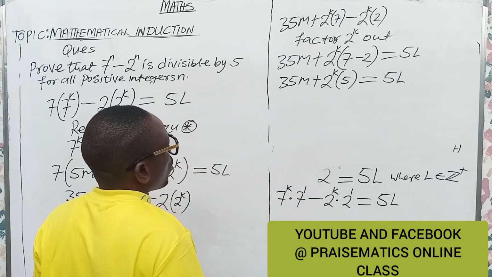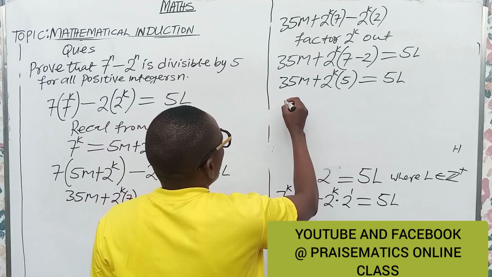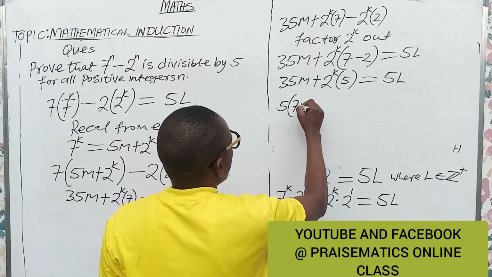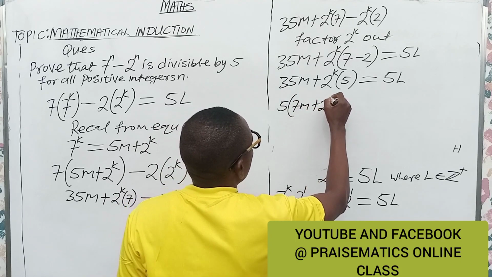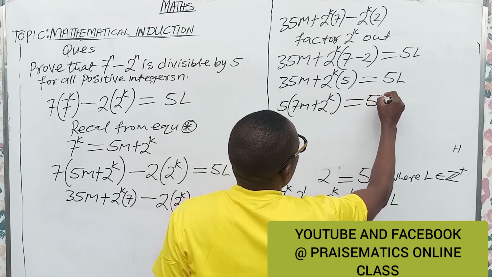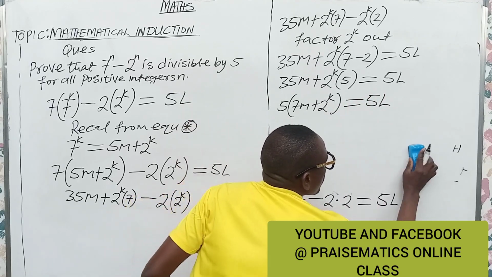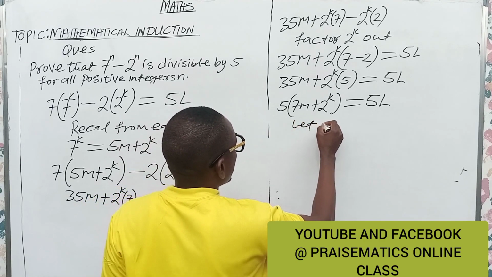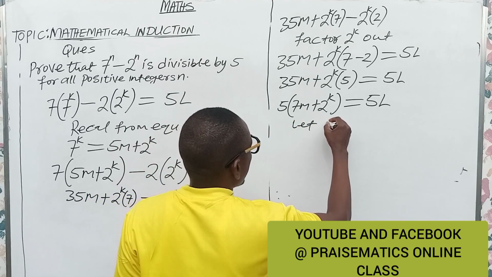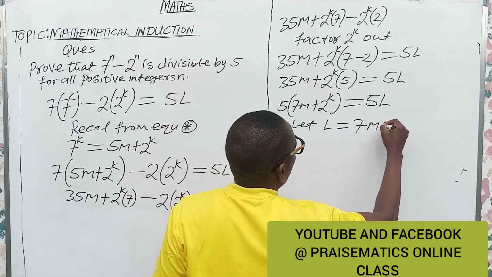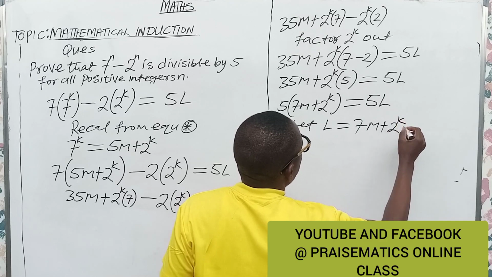Now let's go. Looking at this, there's something they have in common. If we factor this out, we have this one as 5 into bracket 7m plus 2 raised to power k. Close it. Is it divisible by 5? Okay. Finally, you can say let L equal to 7m plus 2 raised to power k.